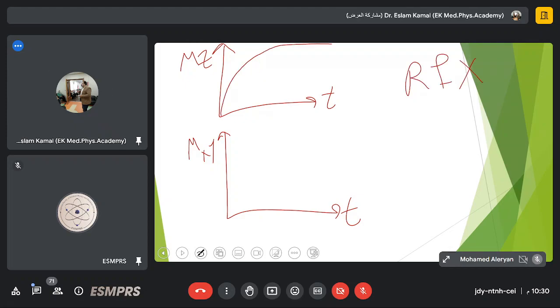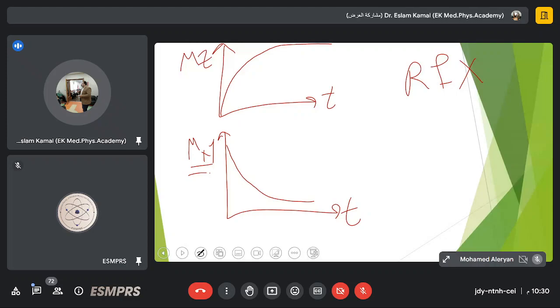And what happens for MXY? MXY at that time was 100%, so it goes down like that. Is this clear for you? Now MXY starts going down and MZ starts going up. This is after turning off the RF pulse.